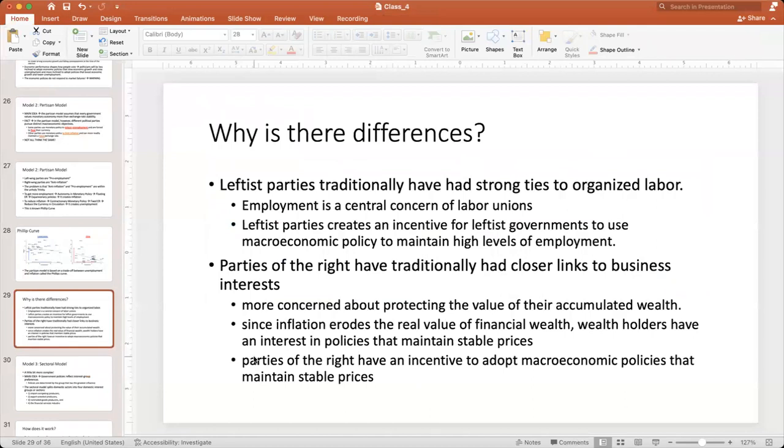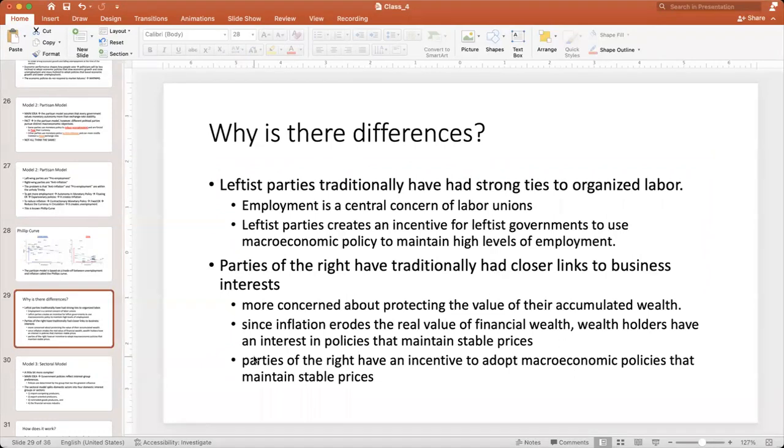What are the differences? Well, left parties traditionally have had strong ties to organized labor. Unemployment is a central concern of labor unions. And remember, that was born in between the wars, where the levels of unemployment were so high.